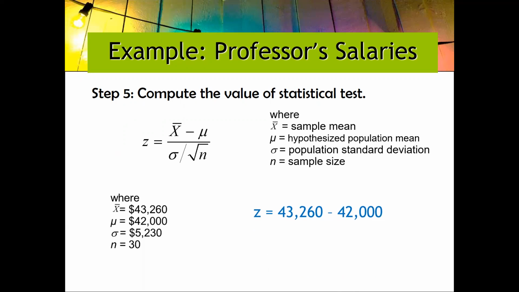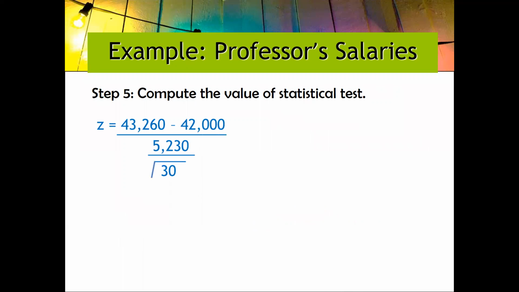So 43,260 minus 42,000 divided by 5,230 divided by the square root of 30 equals 1,260 divided by 954.38 gives us 1.32.